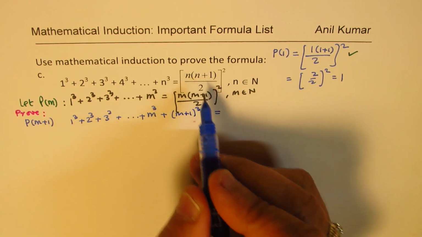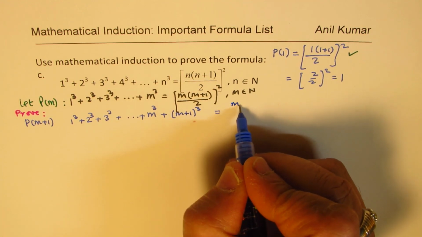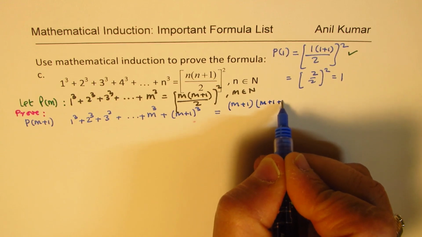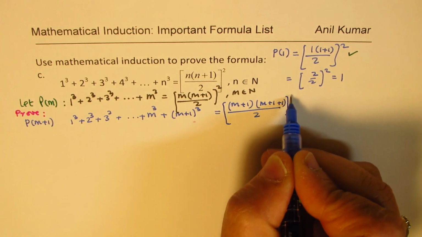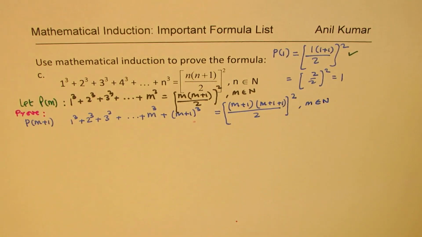Now, if this formula is true, n has to be replaced with m plus 1. So we get m plus 1 times m plus 1 plus 1 over 2, whole square. So that is what is expected for m belonging to natural numbers.